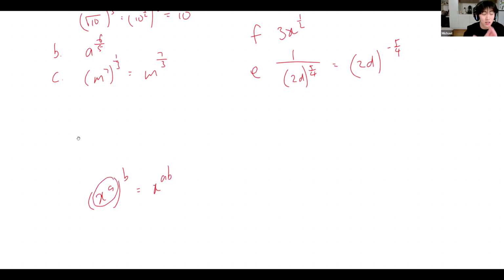So we got a x's multiplying each other. If we treat this as a group, the b means we have b lots of this group. So in total that's a times b x's multiplying each other. So this is x to the power of a times b.